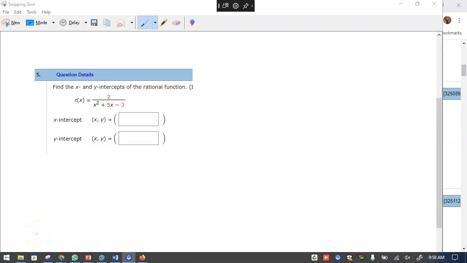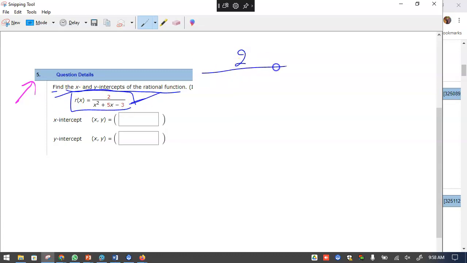Okay, students, let's see another problem, number 5, practice problem. So here the questions are find the x-intercept and the y-intercept of the rational function. The function is given here, and you can see this is 2 divided by x squared plus 5x minus 3. We need to know what is the x-intercept.